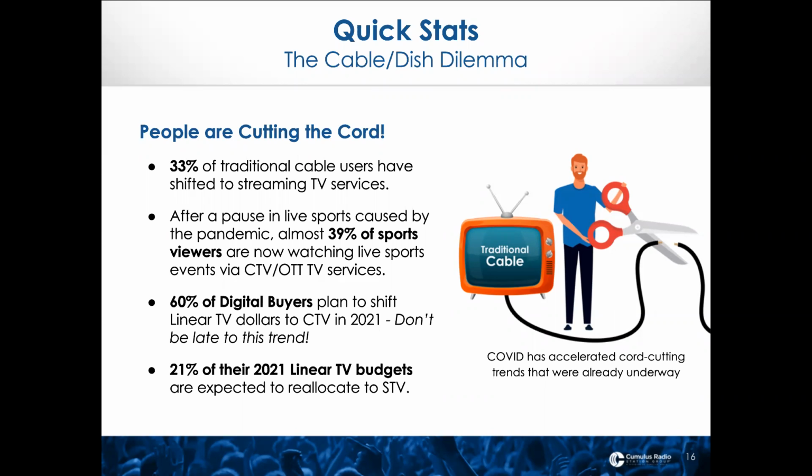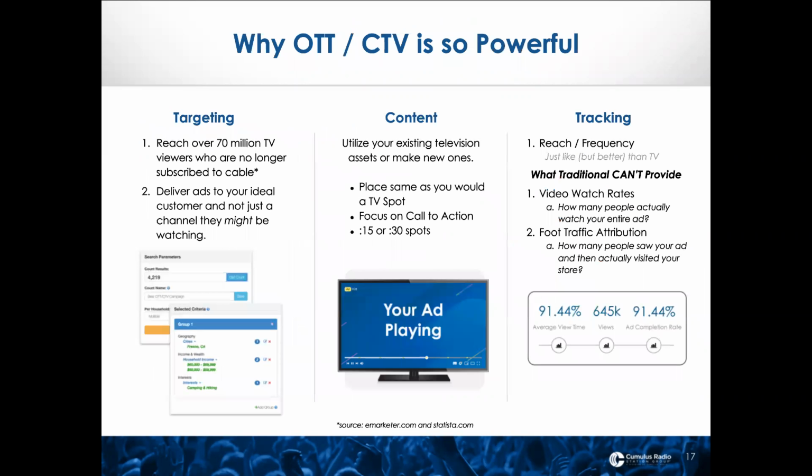60% of digital buyers plan to shift their linear TV dollars to connected TVs in 2021. And 33% of traditional cable users say they've shifted in the last year. What's the difference between OTT, CTV, and what makes it so powerful versus regular traditional over-the-air linear television?